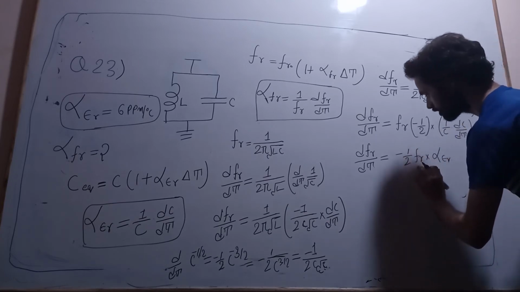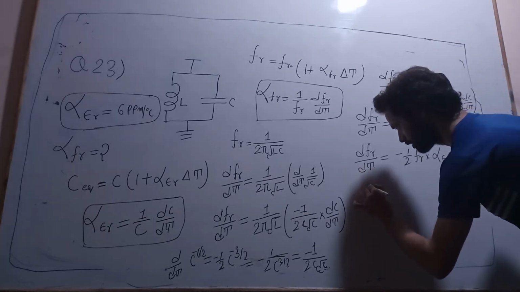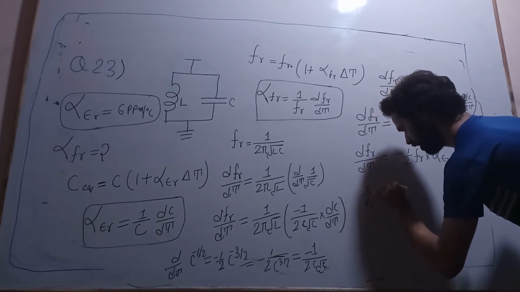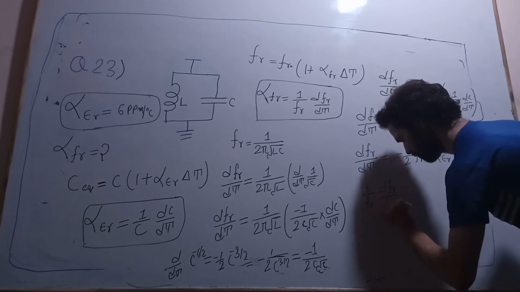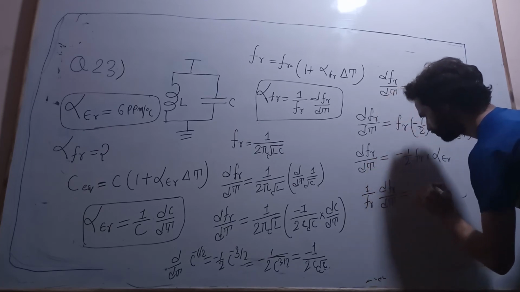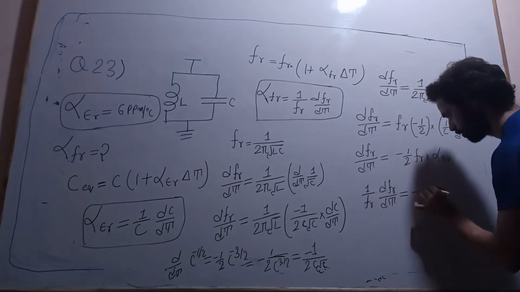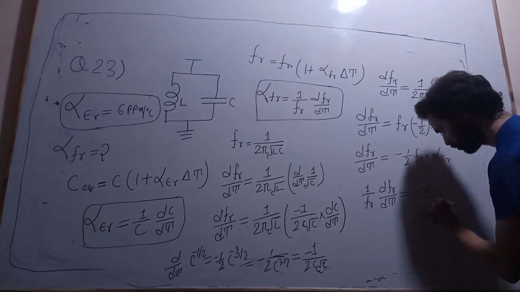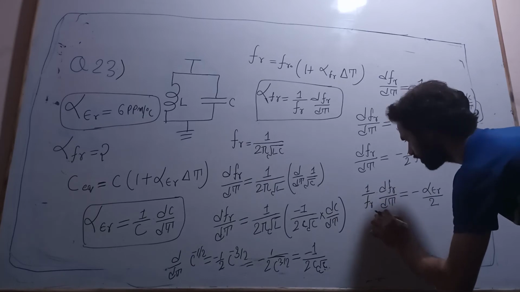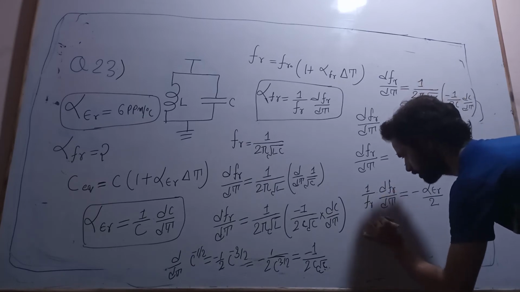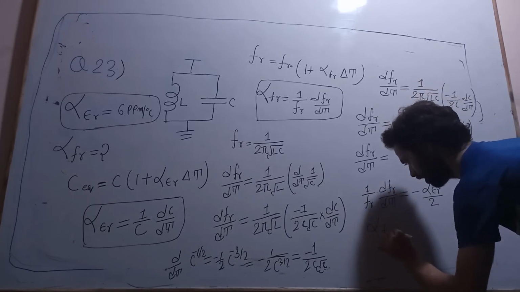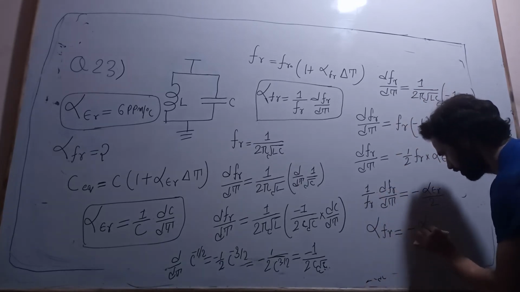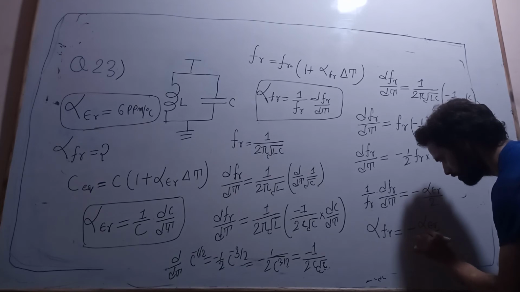Take this fr to this side: 1 by fr into dfr by dT is equal to minus alpha epsilon r by 2. And 1 by fr into dfr by dT is nothing but alpha fr. So alpha fr is equal to minus alpha epsilon r by 2.